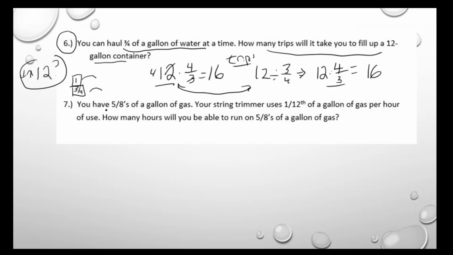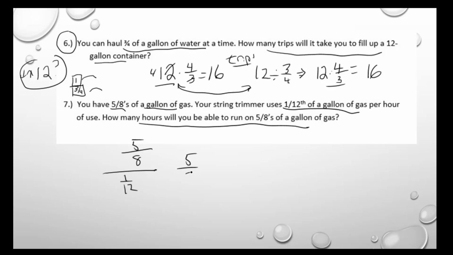So here you have 5/8 of a gallon of gas. That's how much you have. Your string trimmer uses 1/12 of a gallon of gas per hour. How many hours can you run the string trimmer? Well, you have 5/8, and you're going to divide it by 1/12, which is the same thing as 5/8 times 12/1.